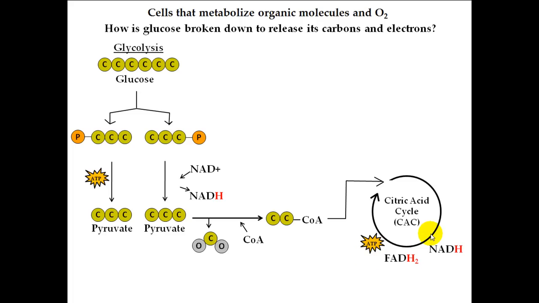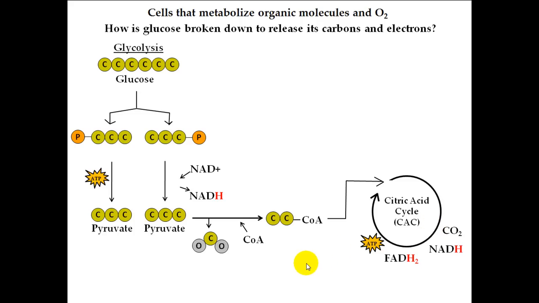As one of the waste products, the citric acid cycle produces CO2, and we'll come back to this a little bit later. So the citric acid cycle is another pathway that breaks down organic molecules to release some really valuable things. All along the way, we're seeing generated some smaller carbon-containing molecules that can be used to build bigger structures inside of a cell.